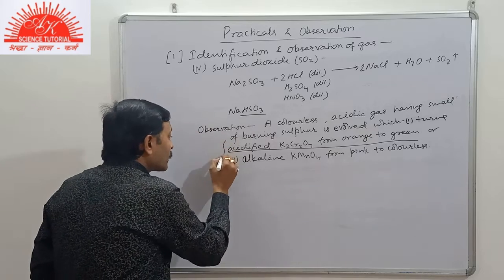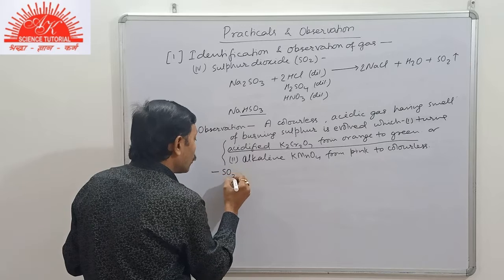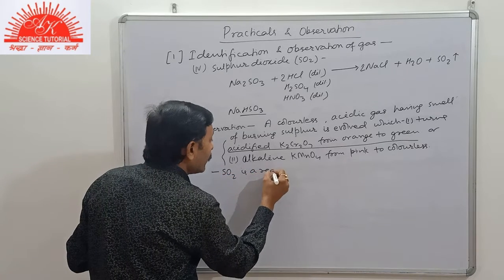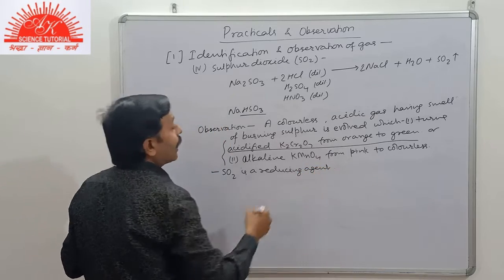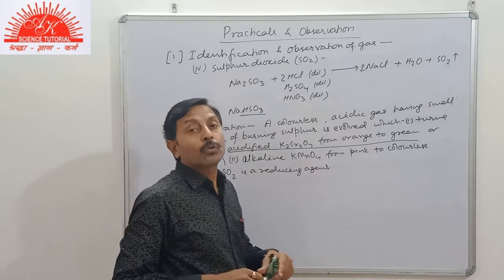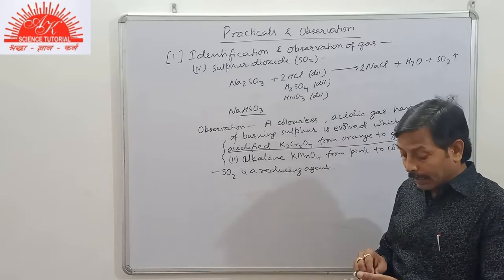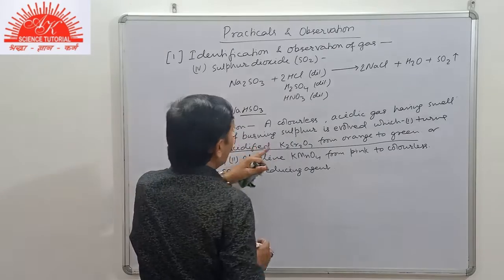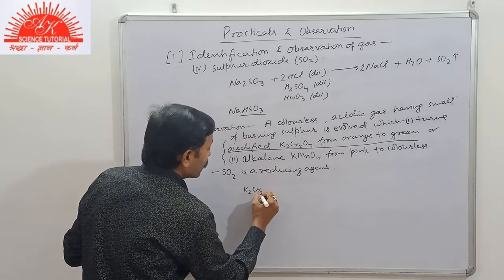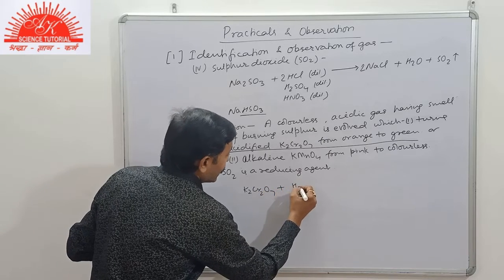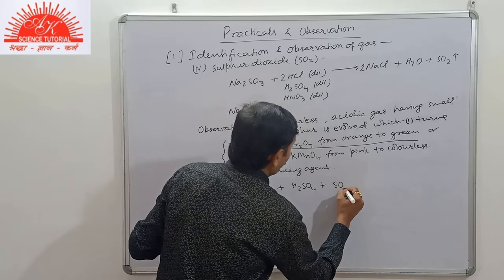Now, both these tests are for its reducing agent. SO2 is a reducing agent. So, if you have to write an equation to show the reducing property of sulfur dioxide, then you can use the following reactions. Like for this one, K2Cr2O7 acidified with sulfuric acid plus SO2.